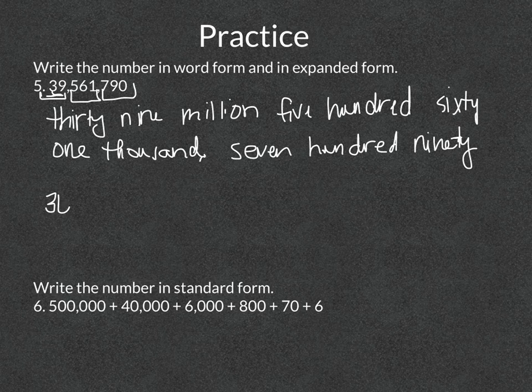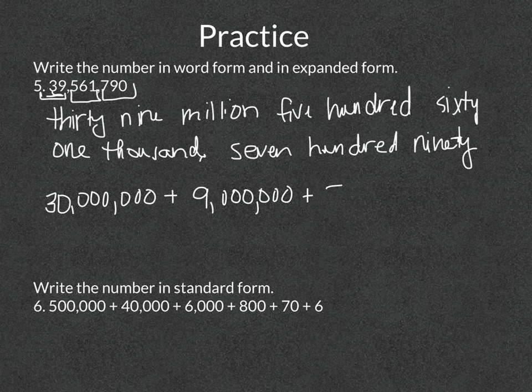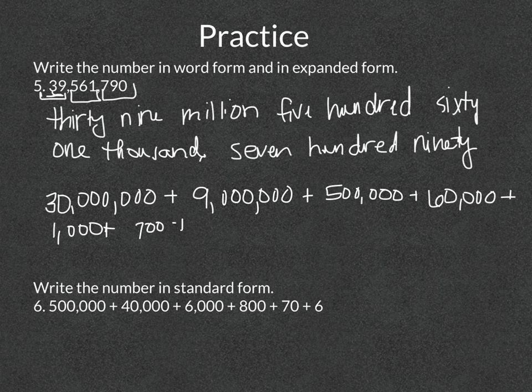So first I have 30 million plus 9 million plus 500,000 plus 60,000 plus 1,000 plus 700 plus 90. Boom, done. Okay, so we answered that question there.